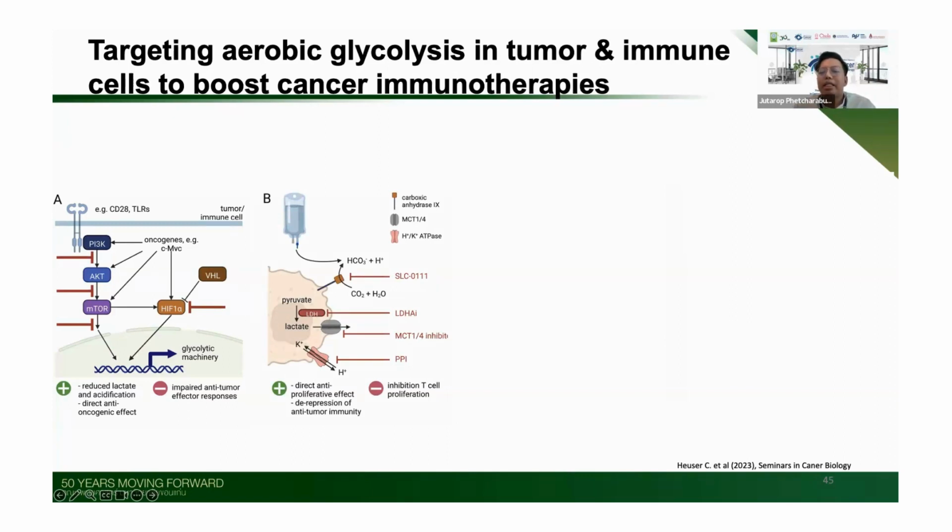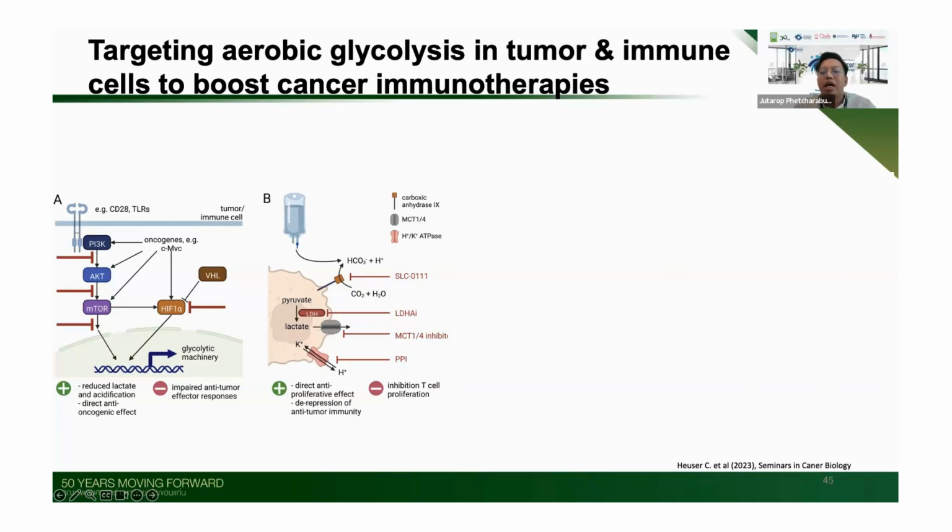That means lactate export can be blocked by specific MCT1, MCT4, or dual MCT1/4 inhibitors as well. And proton potassium ATPase inhibitors reduce the release of protons to the extracellular space. Bicarbonate infusions can also be used to neutralize protons in this case.